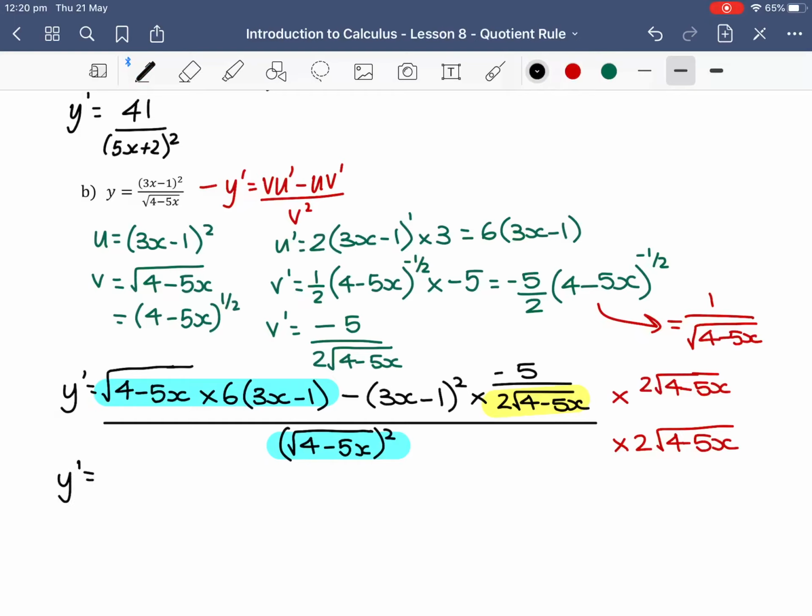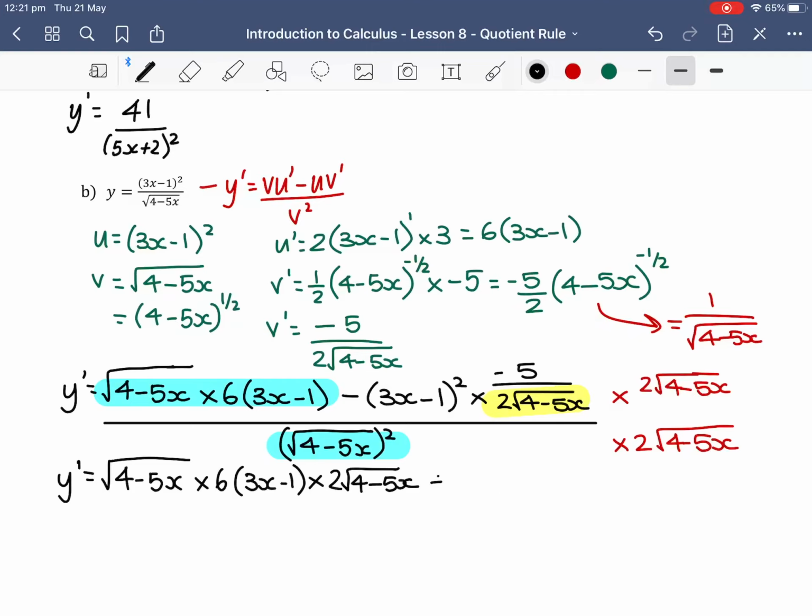So when we do that, we get y dash equals root 4 minus 5x times 6 bracket 3x minus 1 times 2 root 4 minus 5x, minus, which will turn into a plus because we have our minus 5.